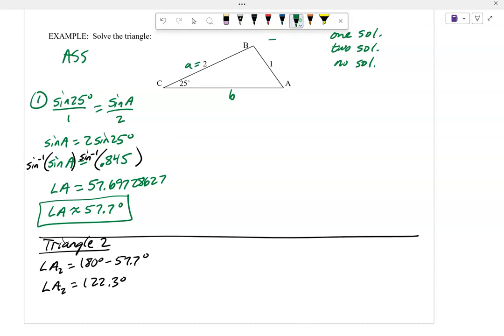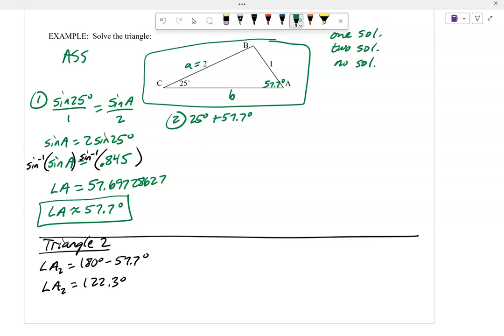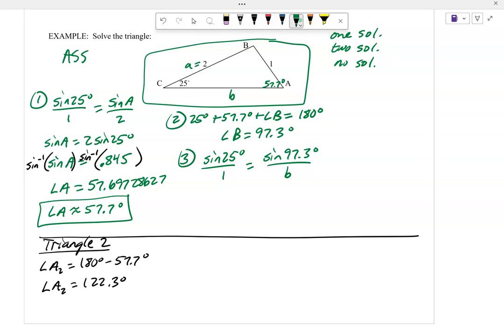Let's continue on with triangle 1, which has an angle of 57.7 degrees. And let's solve for the rest of it. So 25 degrees angle C plus 57.7 degrees plus angle B all add up to 180. So angle B would be 97.3 degrees. And then we'll just use our law of sines. So the sine of 25 degrees over lowercase c equals the sine of 97.3 degrees over the missing lowercase b.